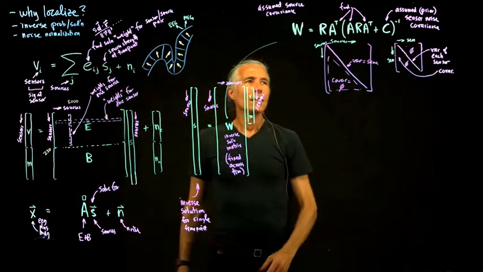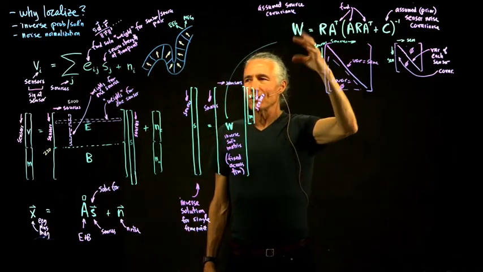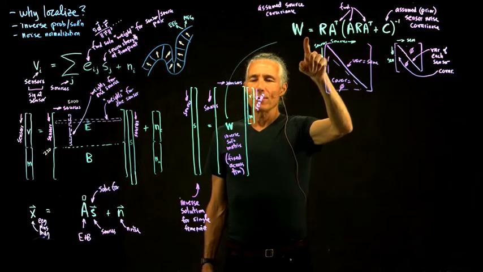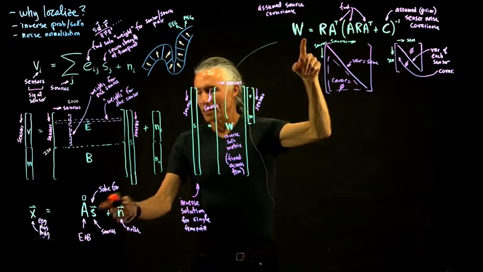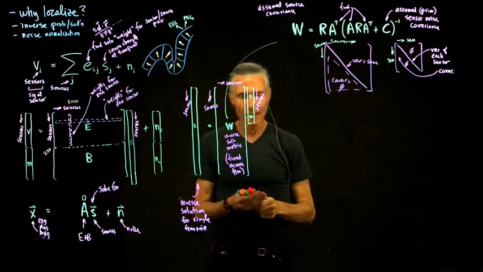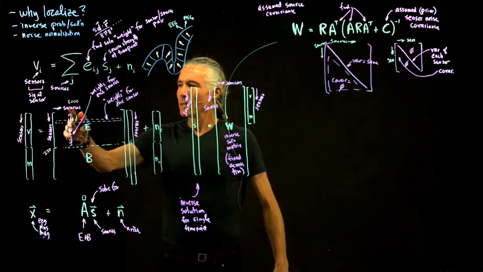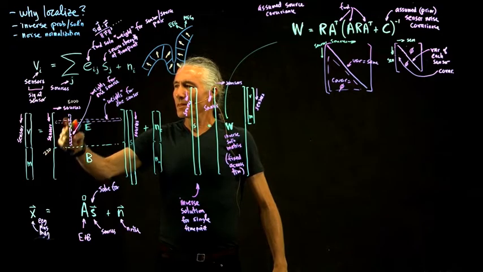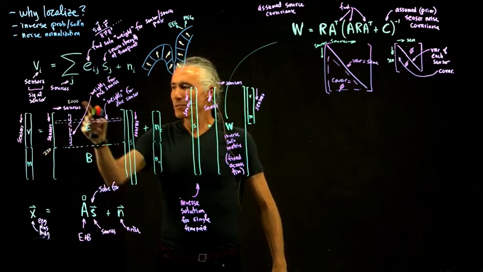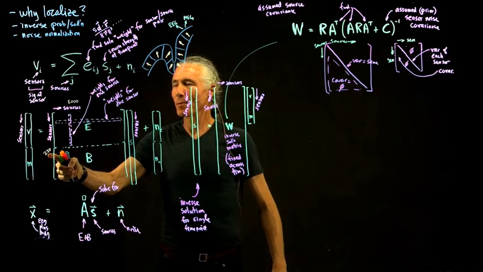So when you look geometrically at what's going on with this particular solution to the inverse, you've got 8,000 unknowns and 230 data points.